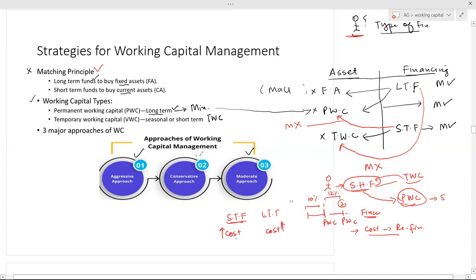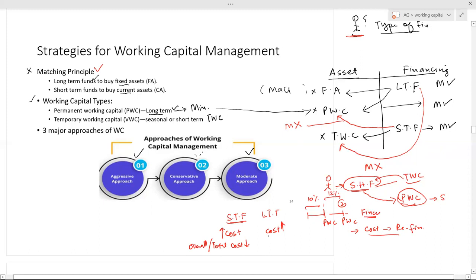But the total cost of short-term funds, if you keep using that every year, or maybe some years you don't need it, the overall cost will be very low.